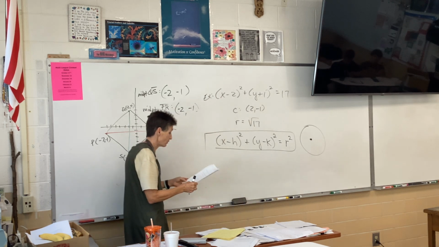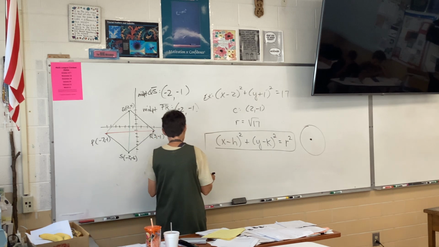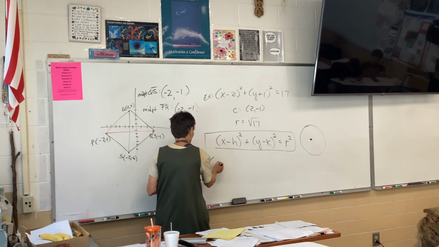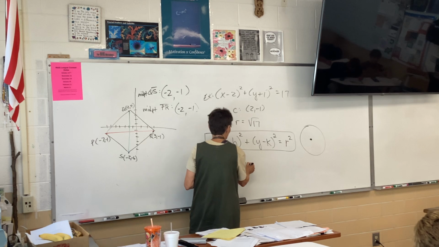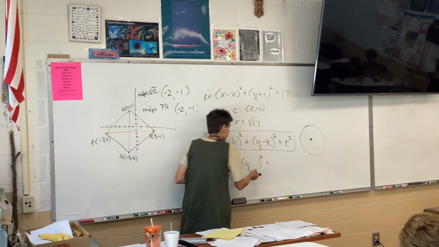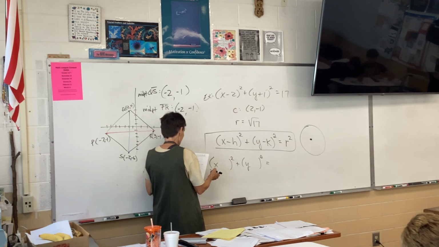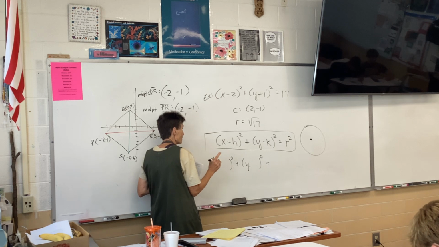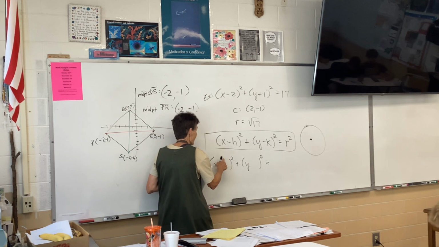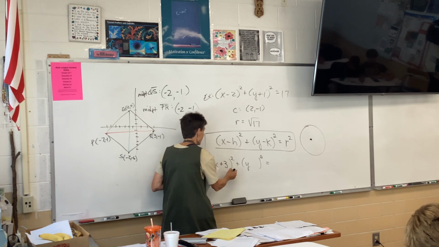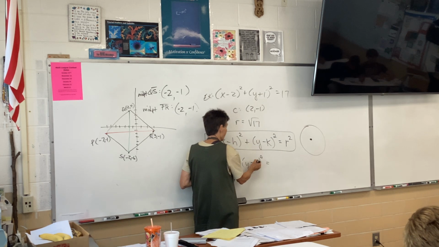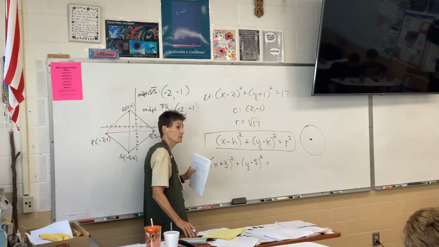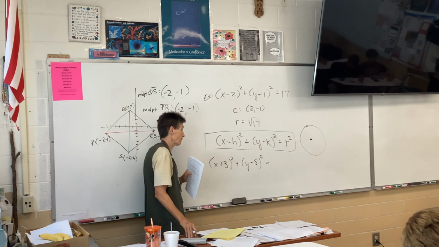All right, so now you're gonna write a circle. Write the equation of a circle with the given center and radius. Well, kids, this is easy. If the center is -3, 5, then what are we gonna have here in our parentheses? X plus 3 and y minus 5, and we're gonna square both parentheses.